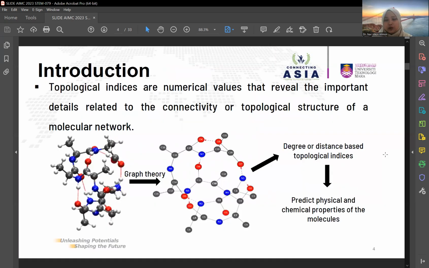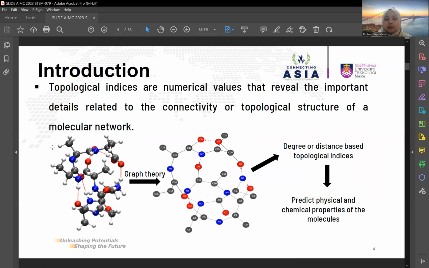So what is actually topological index? Topological indices are numerical values that reveal the important details related to the connectivity or topological structure of a molecular network. Basically, topological index was first introduced in chemistry, where we have a molecule. They want to know the properties of these molecules without involving any laboratory work.